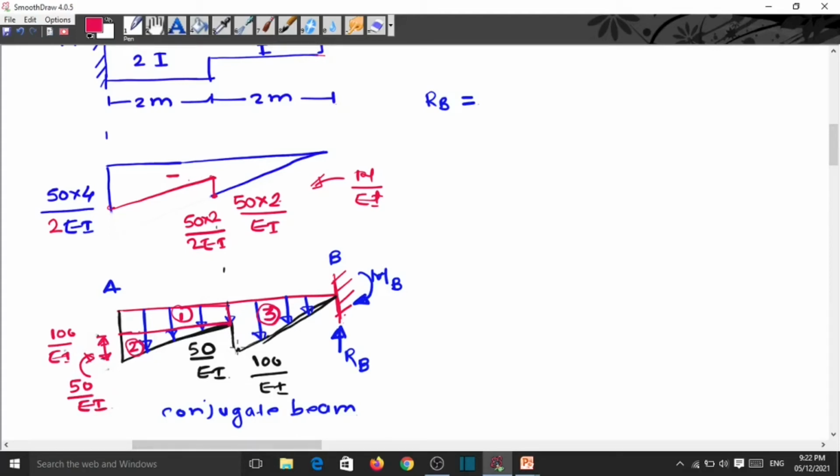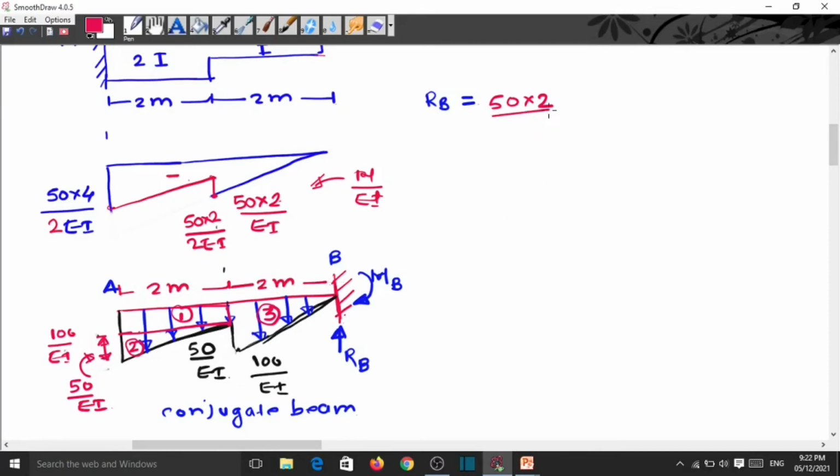This total height here is 100 upon EI. So now RB is equal to the area of this diagram. First is 50 into 2. Here this distance is 2 meter, and this distance is 2 meter.